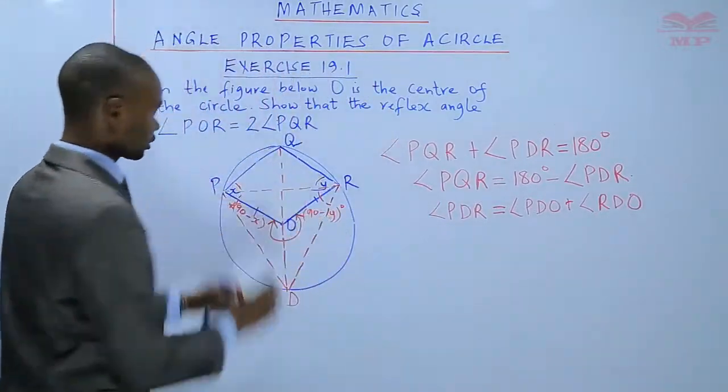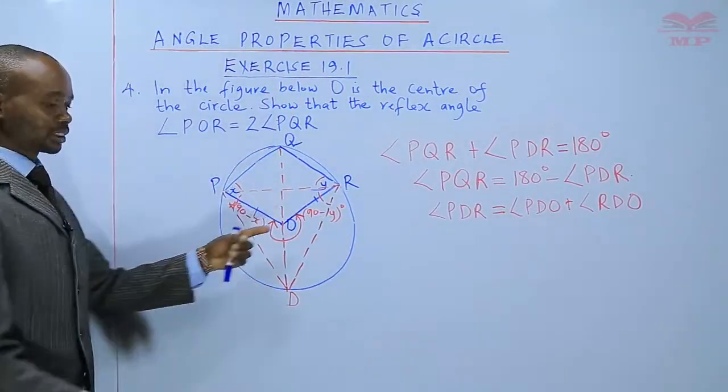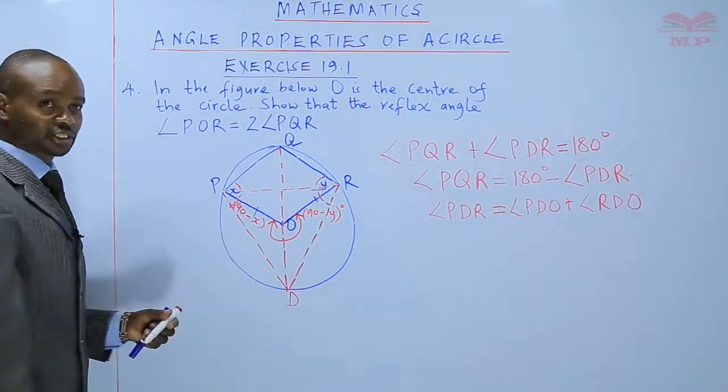So when we go back to the diagram, we are going back to what we had talked about, the isosceles triangle.